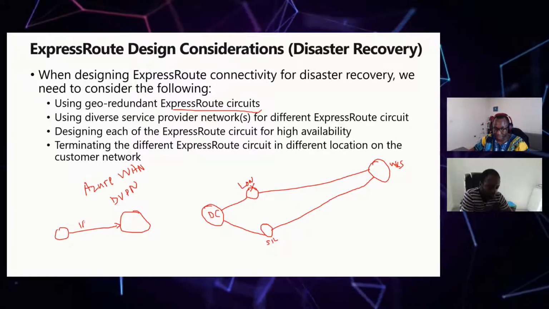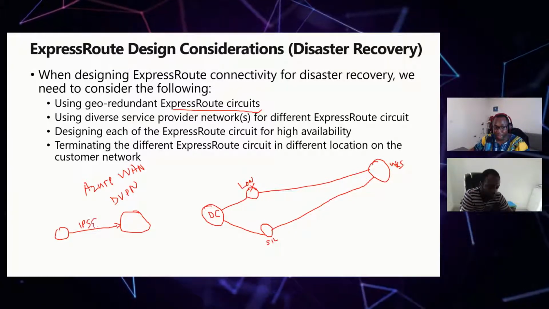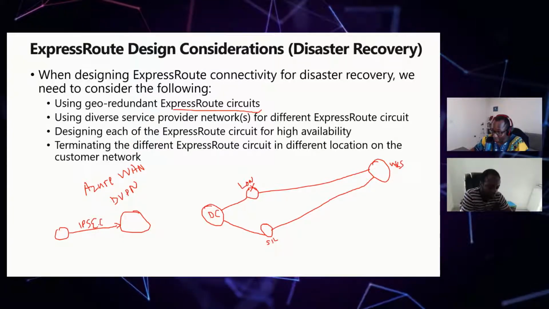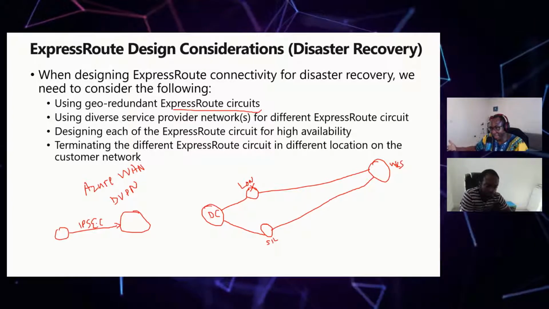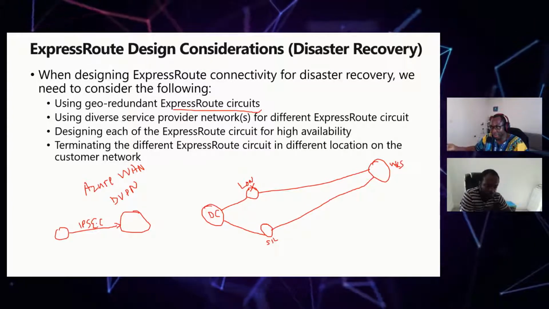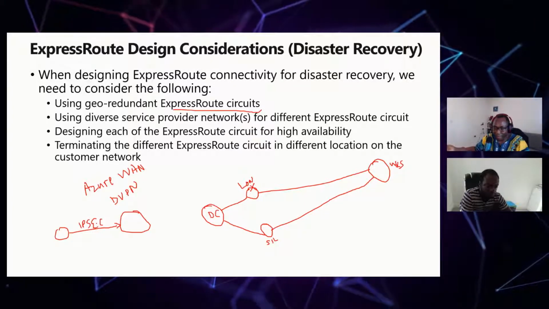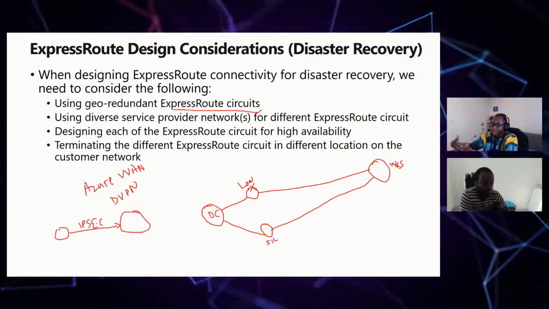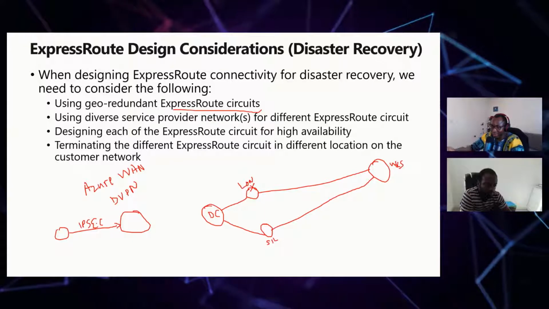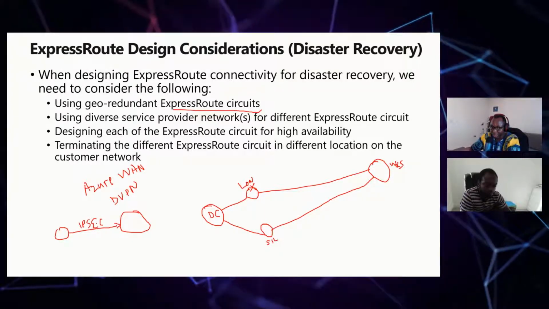It's using IPsec, so this is going over the public internet. Remember that on the public internet, there's no way for you to really have a guaranteed SLA. That's one of the differences between ExpressRoute and IPsec VPN: with ExpressRoute, you can have guaranteed bandwidth and a guaranteed SLA.